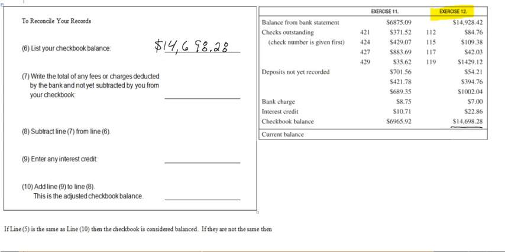Since the bank already has access to your money, they just help themselves to these fees if you have incurred any. In this case, we see that there are a total of $7 worth of fees, namely in the form of a bank charge.